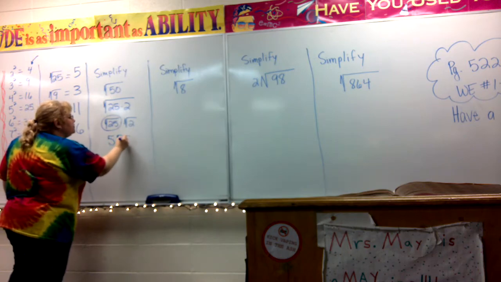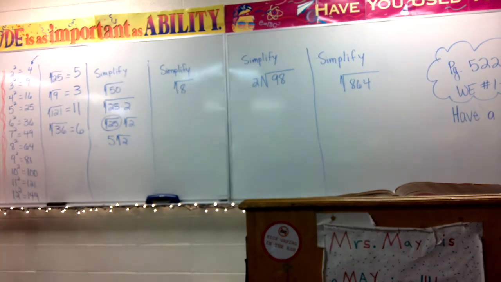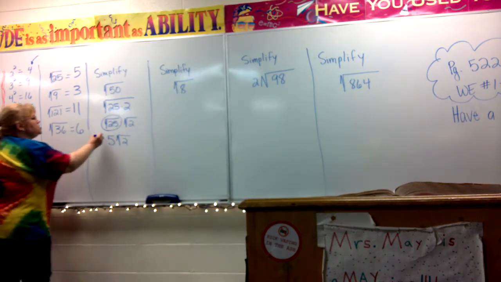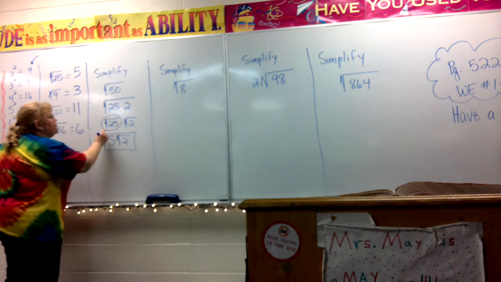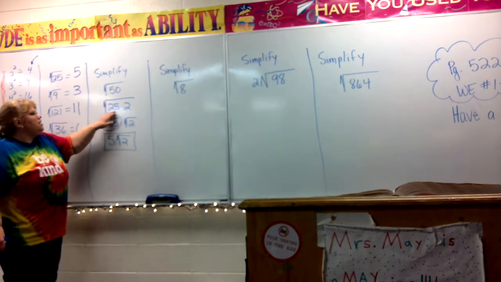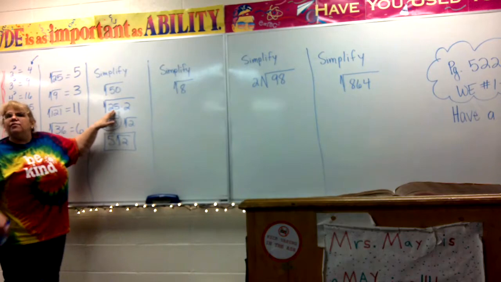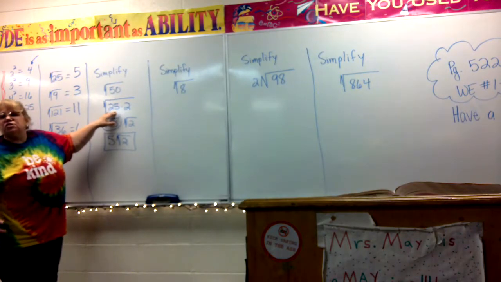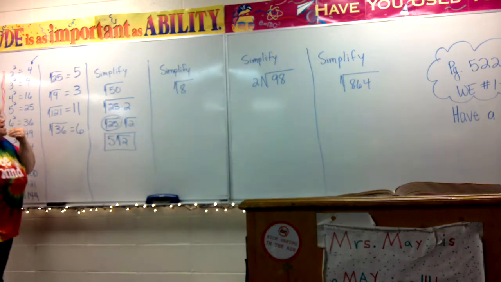And square root of 2, you can't really do anything to. It doesn't have any factors. They're all too big. So this would be the simplified version of the square root of 50. Does that make sense? You want to look for factors that are perfect squares, that have whole number square roots.